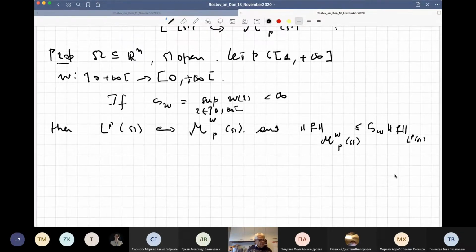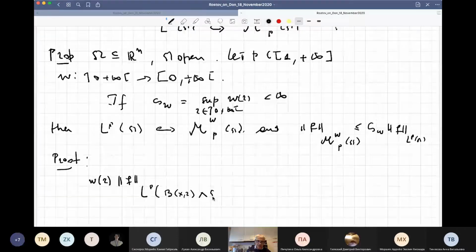Okay, so let's do a line of proof. It's just an exercise. I will not work all these exercises. I do one here, one there, but not all of them, although I put all of them in the notes. So by assumption, what do we have to do? We want to control the Morrey norm in terms of the LP norm. The Morrey norm was the supremum over X and R of the weight W of R times the LP norm of F in the ball with center X and radius R, intersected with omega.